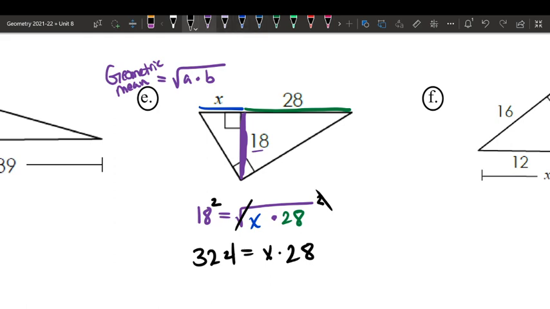So then the next step would be to divide. I'm trying to get x by itself, so I divide by 28. So 324 divided by 28. It doesn't divide evenly. It gives me a decimal, which would be 11.57, but I bet this did not say to give decimals, did it?